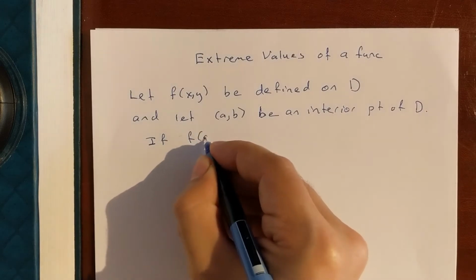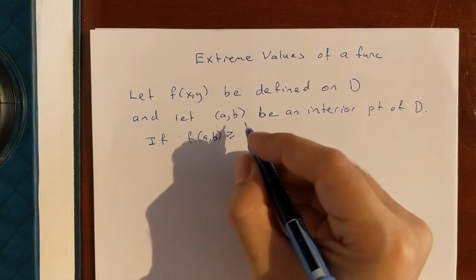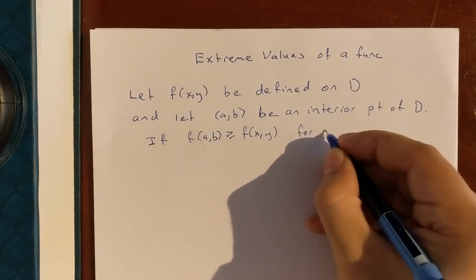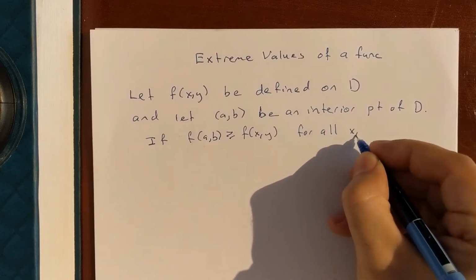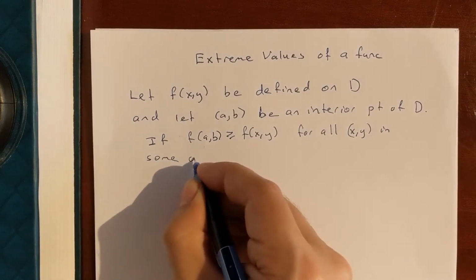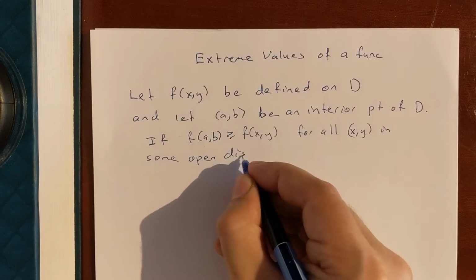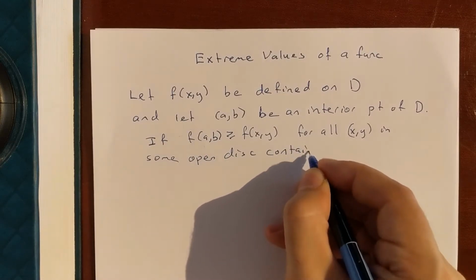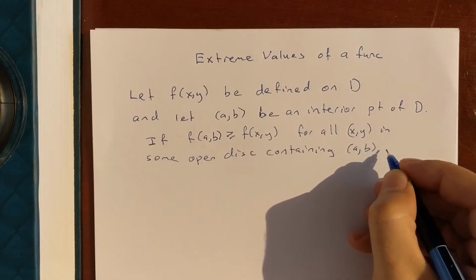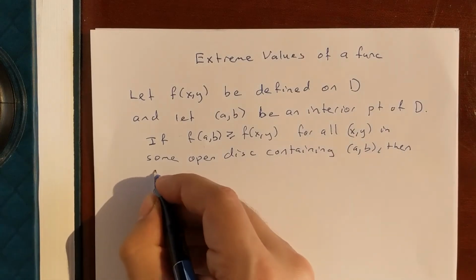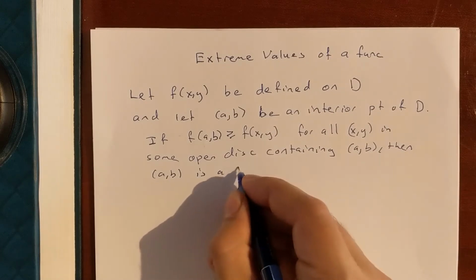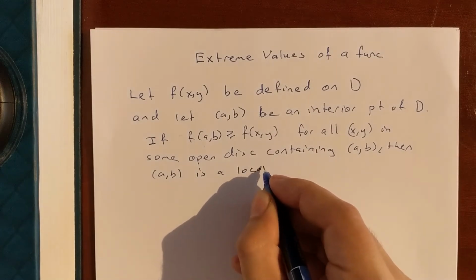We're going to have, if f of (a, b) is greater than or equal to f of (x, y) for all (x, y) in some open disk containing (a, b), then (a, b) is a local max.